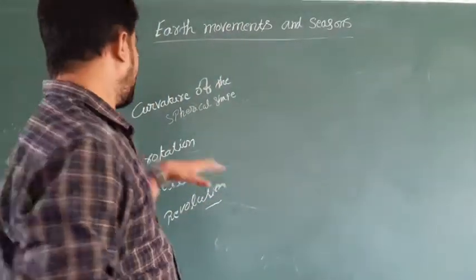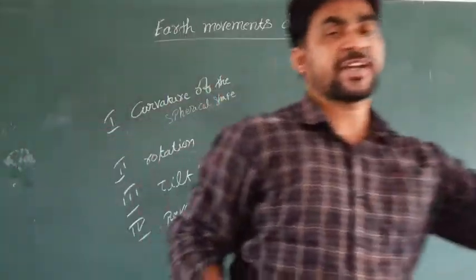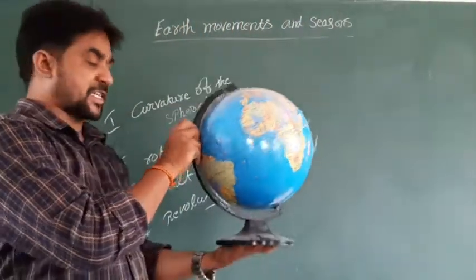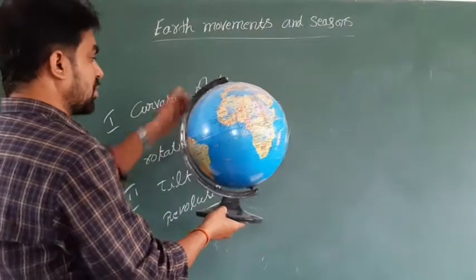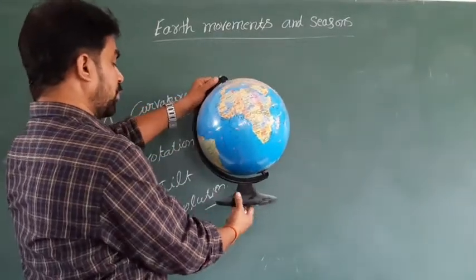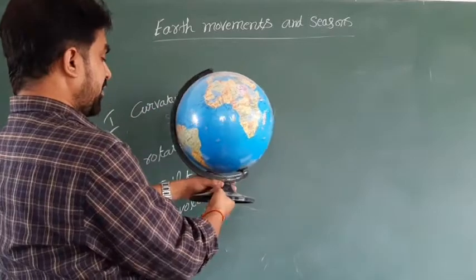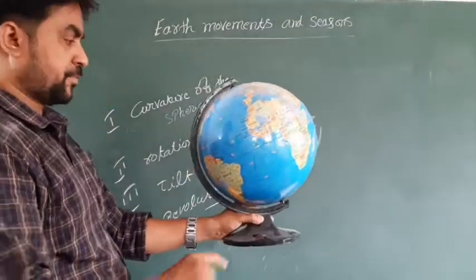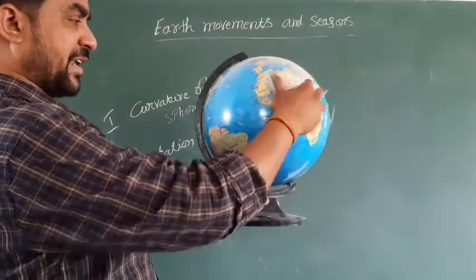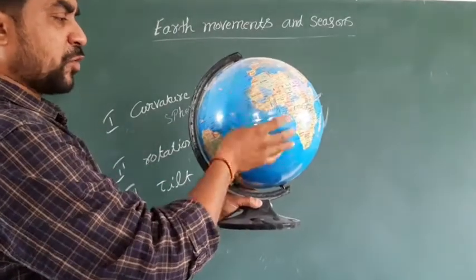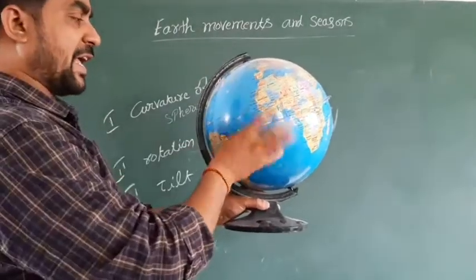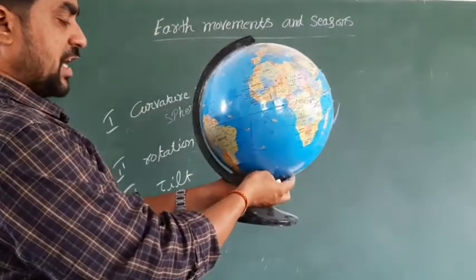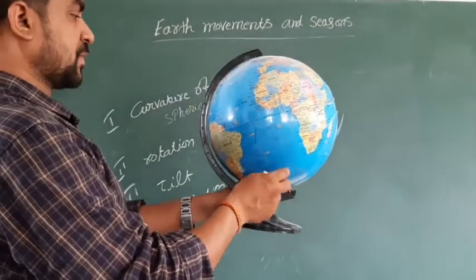So what are the 4 factors that affect the seasons? The first factor is the curvature of the earth, otherwise the shape of the earth. You see, this is called a globe, a model of the earth. If you observe the globe, here in the middle we find more area, called bulges. If you go down, it bends.